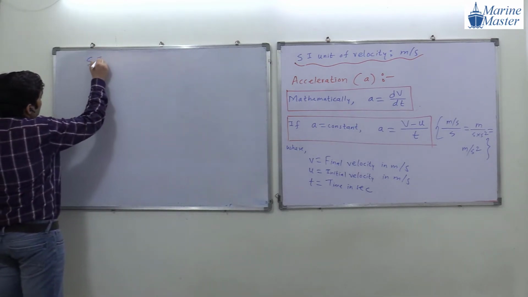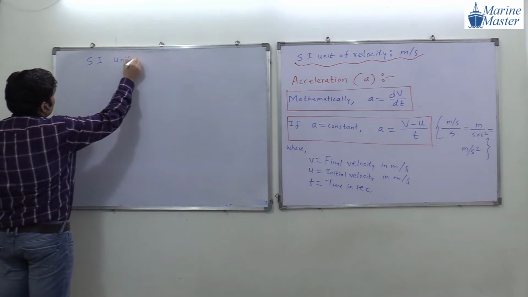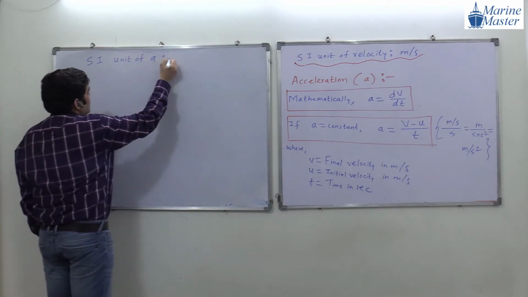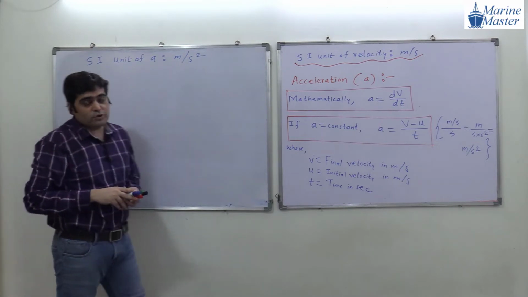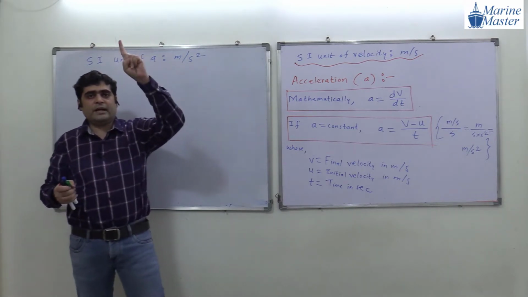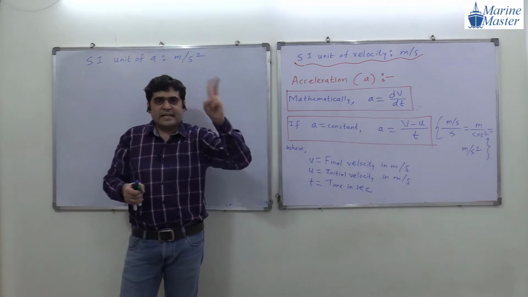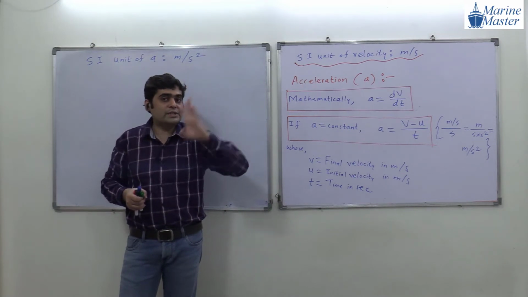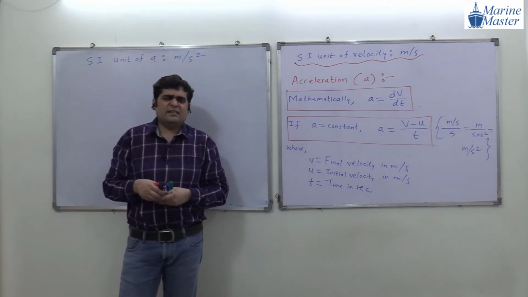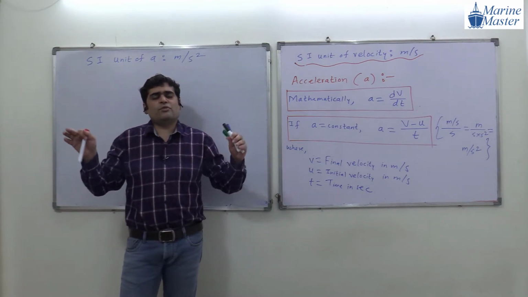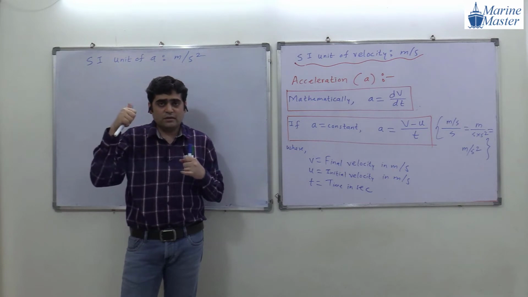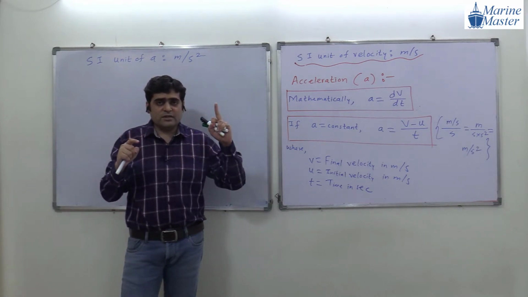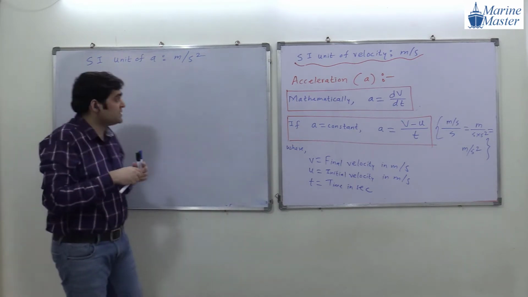What will be the SI unit of a? In mechanics, what is most important? The first important thing in mechanics is drawing. The second important thing is units. The least important thing is calculation.